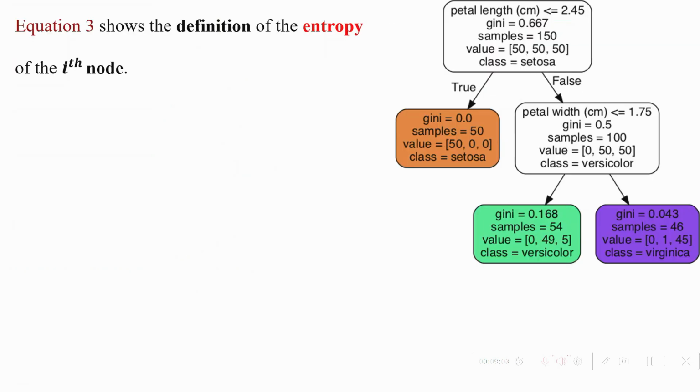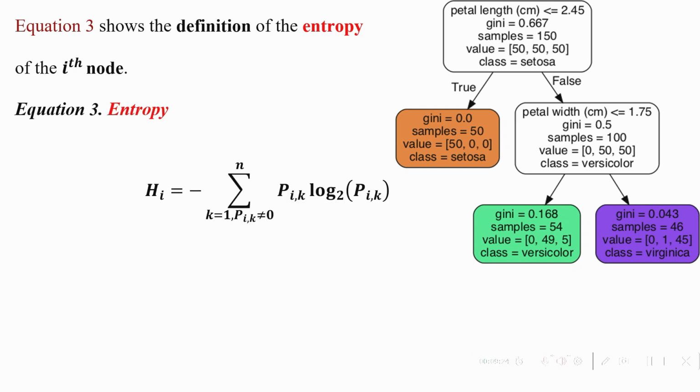Earlier we discussed how to construct the decision tree with the help of Gini value for the iris data set. Now we are going to find out how to compute the value of entropy for the given data set.